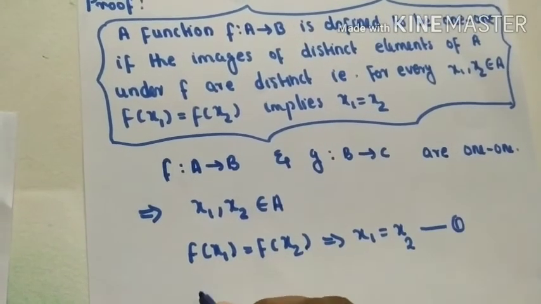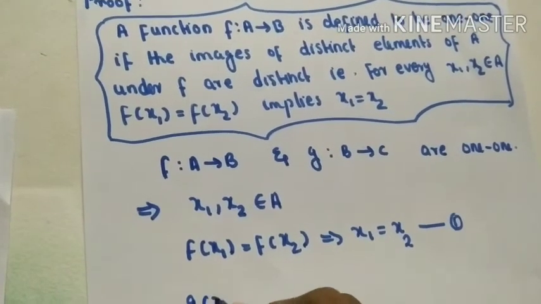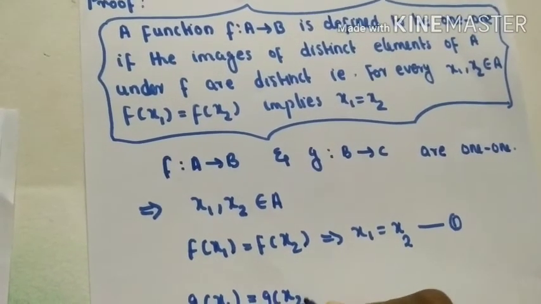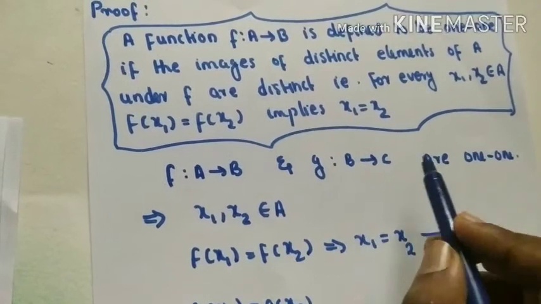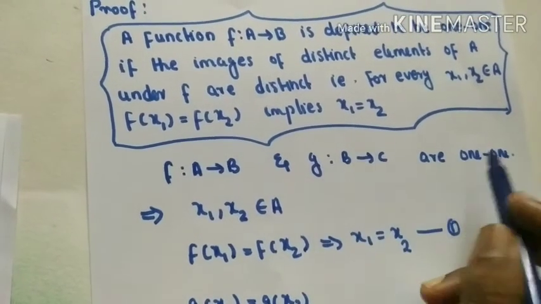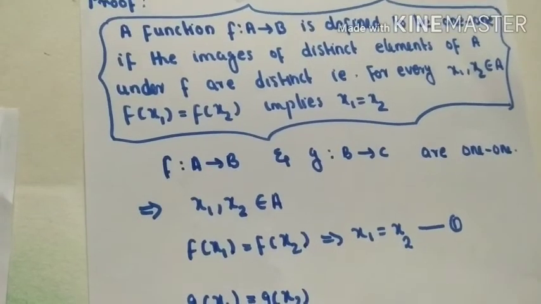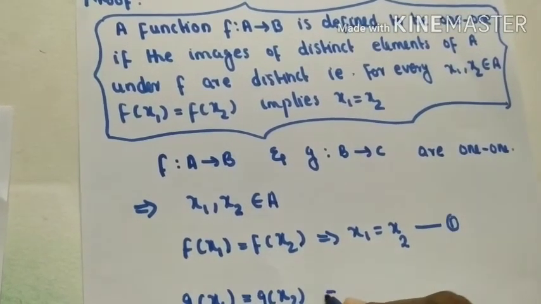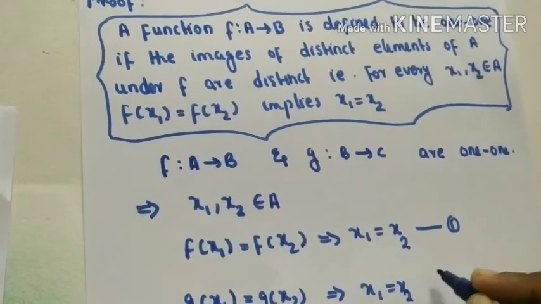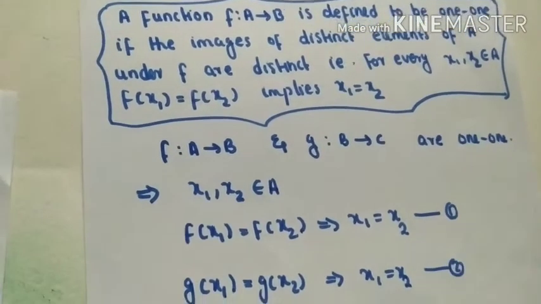Also, for the function g, g of x1 is equal to g of x2, because function g is given as one-one. So, g of x1 equal to g of x2 implies x1 equal to x2. Let's name it as equation number 2.